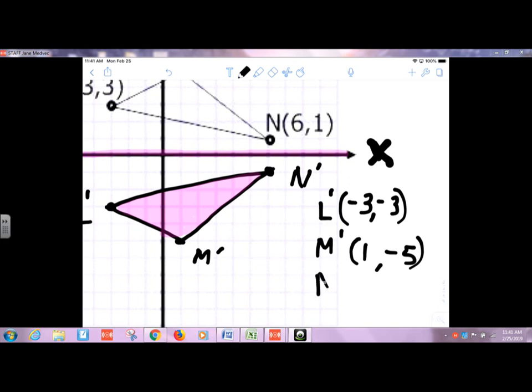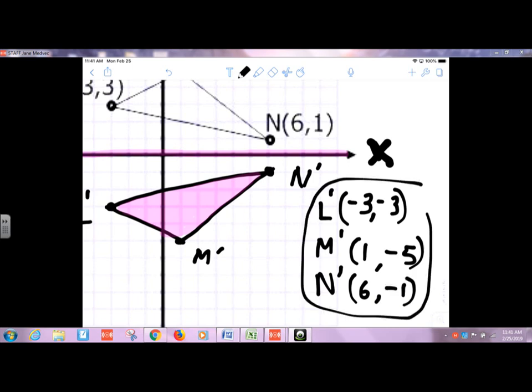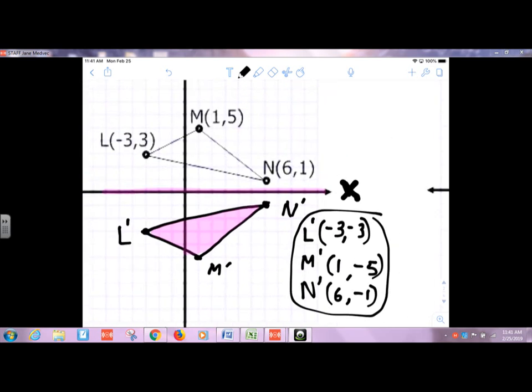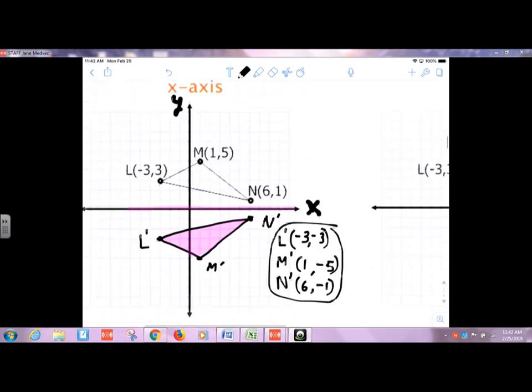And then N prime is going to be +6, comma, -1. So this ends up being the answer that I'm going to look at, but I'm also going to be taking a look at the figure. Okay, so that's how you do it over the x-axis.